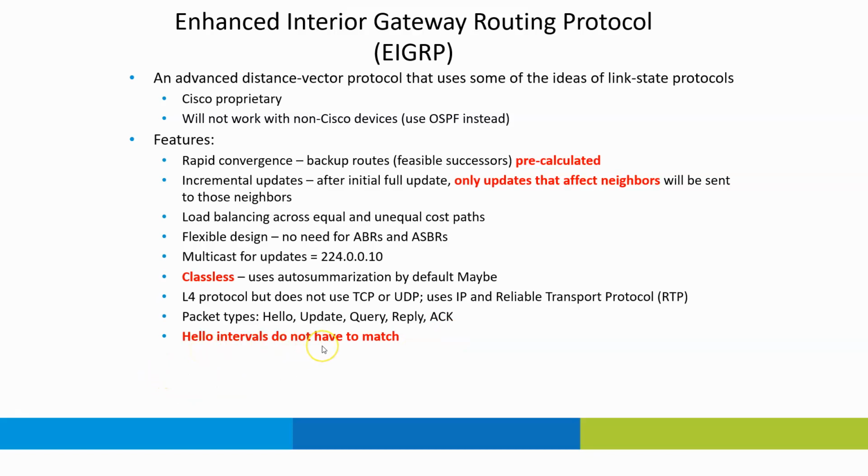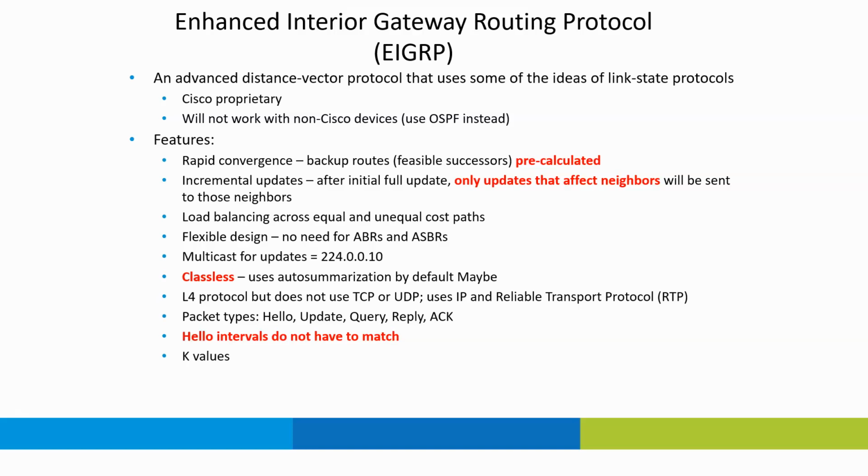Hello intervals do not have to match. The reason this shows up, if we'd done OSPF first, is that the timers have to match in OSPF. They don't have to match in EIGRP. It uses the K values that you saw in show ip protocols, K1, K2, K3, K4, K5.